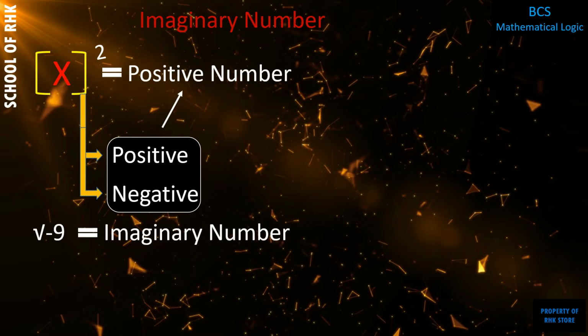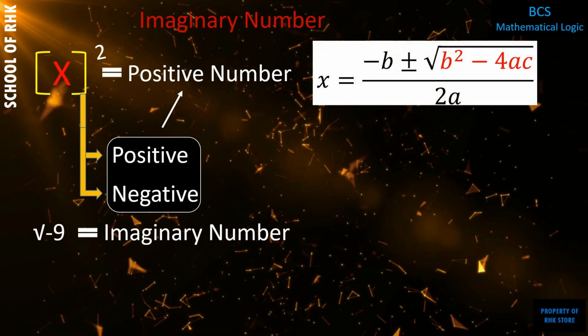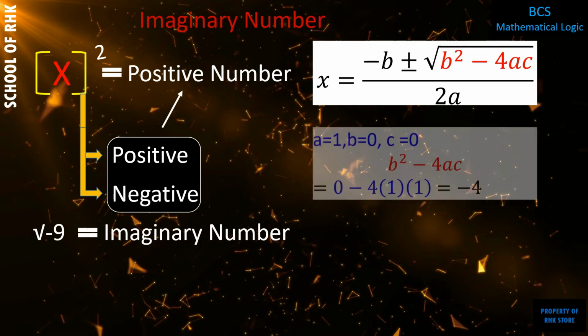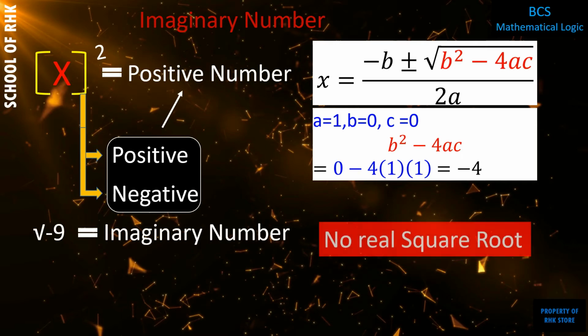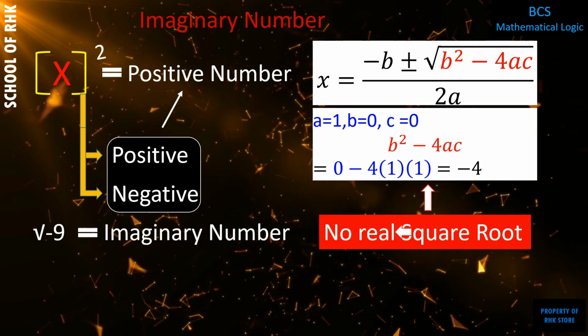Do you remember the formula to find the solution of a quadratic equation that we used in middle school? It clearly states that if the value of b squared minus 4ac of that equation is negative, then there is no real square root of the quadratic equation.